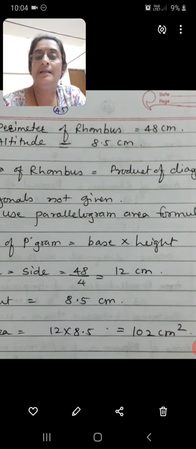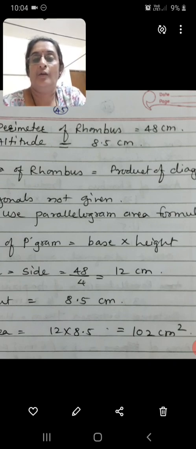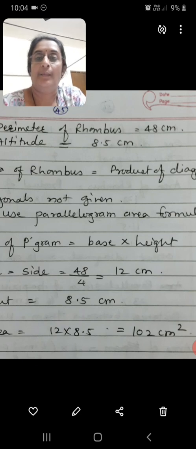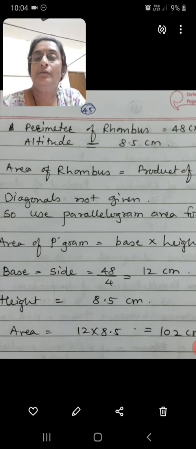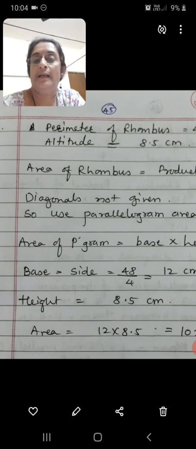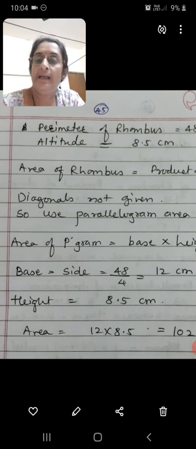We'll consider this rhombus as a parallelogram only, because in a parallelogram also the opposite sides are equal, and even in a rhombus the parallel sides are equal. Now here we are going to use the area of a parallelogram, that is base into height. So we should know the base first. Base means any one side.